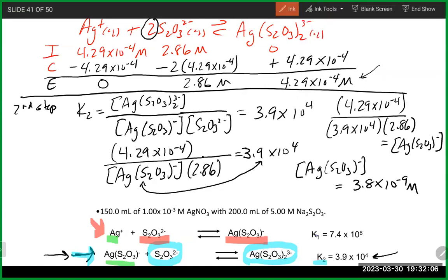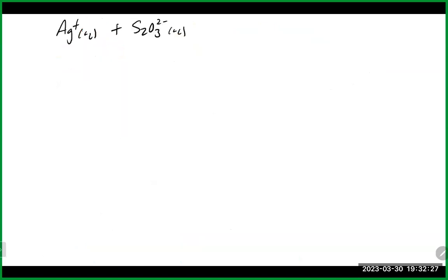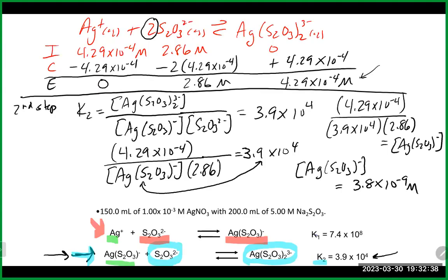So looking at step number 1, which is basically this plus S2O3 minus, and one of those guys there. And this would be our K1, which had a value on the previous slide, 7.4 times 10 to the 8.